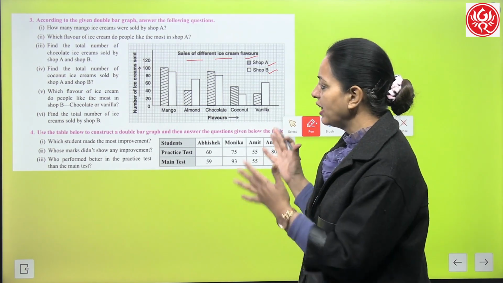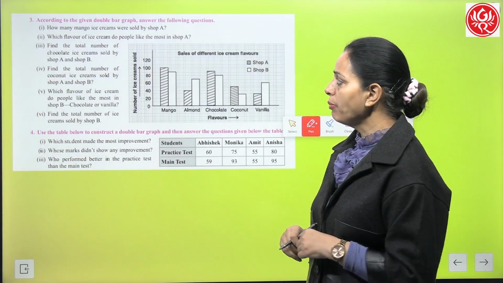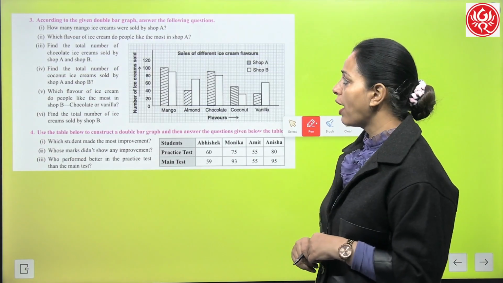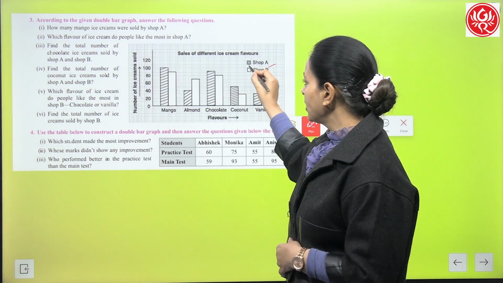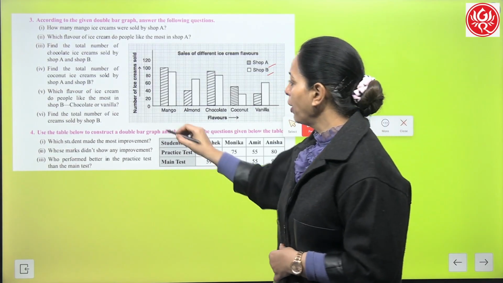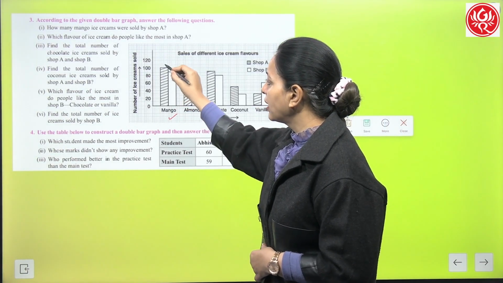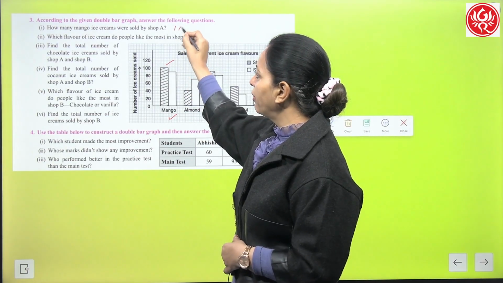Now the first one, how many mango ice creams were sold by shop A? Shop A means the shaded one, and the plain one is shop B. So mango ice cream, how many? That is 100. So the answer is 100, right?